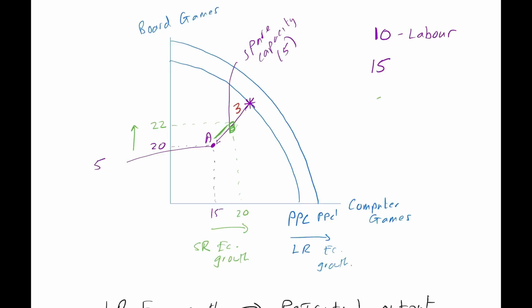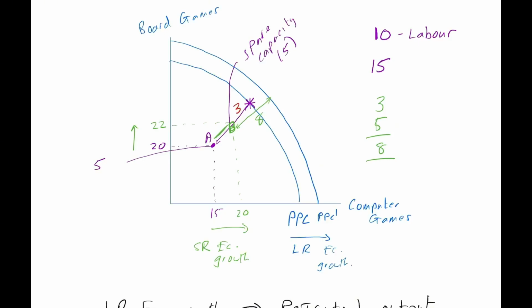So we had a spare capacity of 3. 5 people have just joined the economy but don't have a job yet. So now we have 8 units of labour that are unemployed. So the difference between point B and the new PPC, PPC1, is the spare capacity of 8 units of labour.